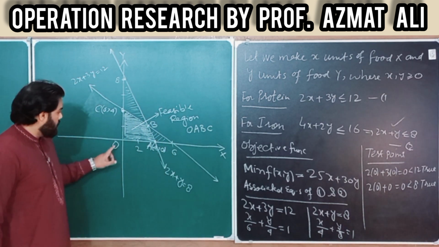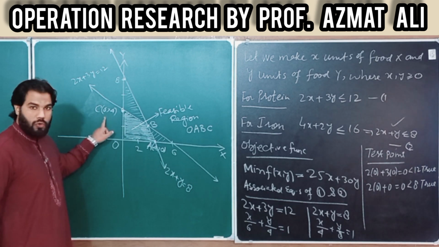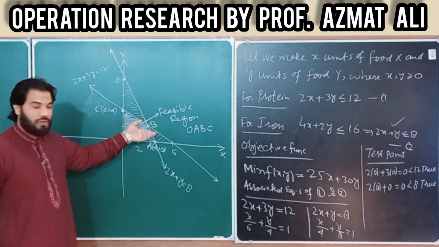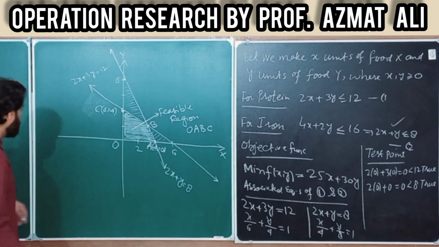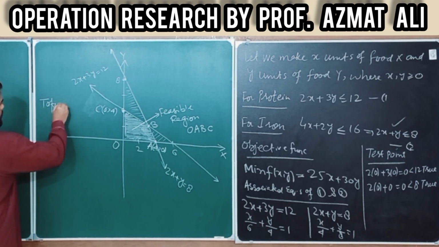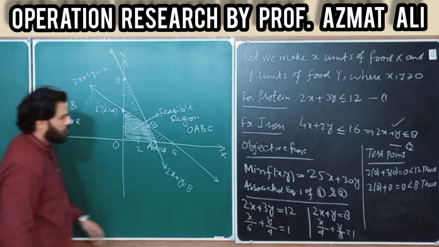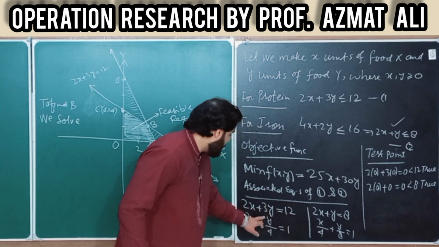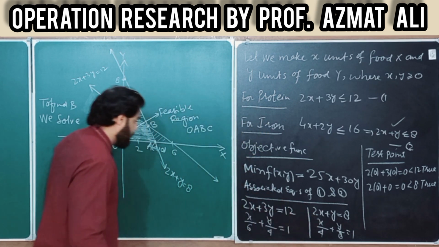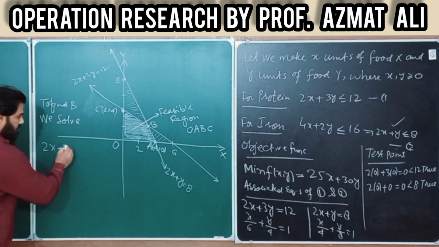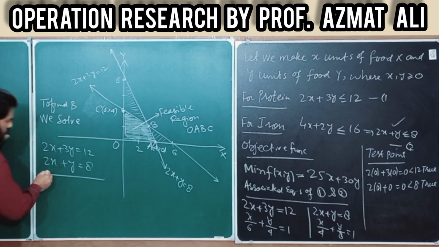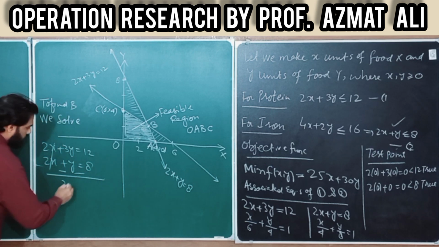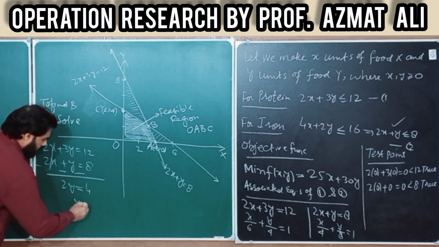Our corner points are origin 0, 0, A 4, 0, C 0, 4, and last one is B, the point of intersection of both lines, that we will find here. To find point of intersection B, we solve these two equations. By subtracting 2x plus y is equal to 8 from 2x plus 3y is equal to 12, we have 2y is equal to 4, y is equal to 2.